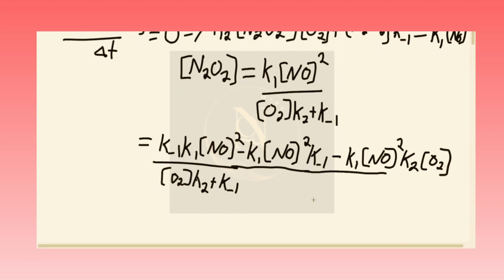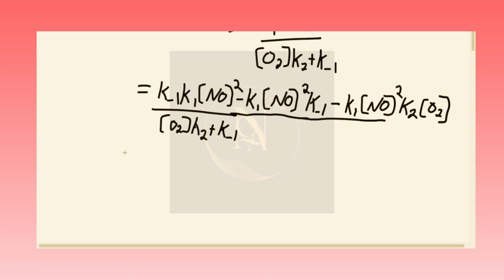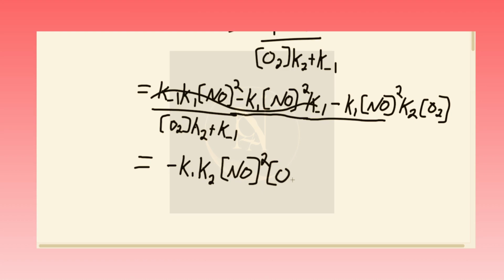But that's okay because this is about to simplify down a lot. We substitute all of this out right here because those two terms cancel, and we end up with negative k₁k₂[NO]² times [O2] over k₋₁ plus k₂[O2].